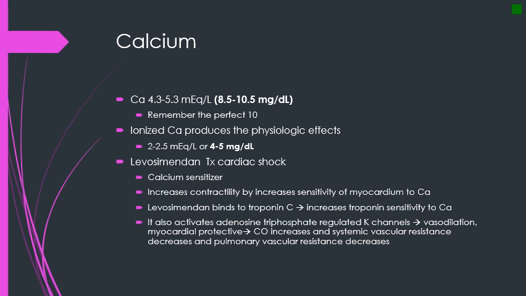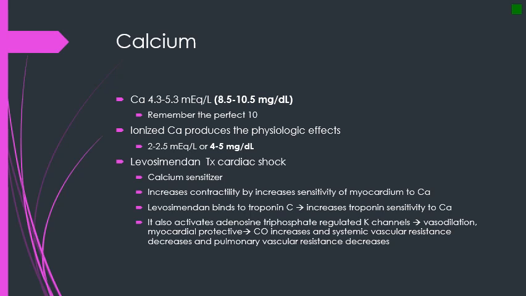It will actually help to improve your blood pressure whenever you administer calcium intraoperatively. We have medications that are considered to be like a novel class of inotropes that will increase the contractility. And how they do that is by making the myocardium more sensitive to calcium.